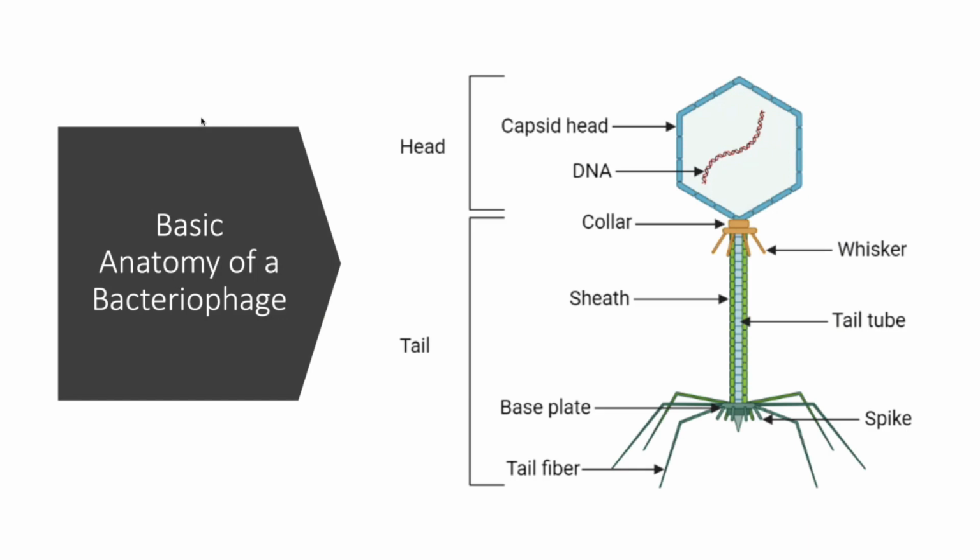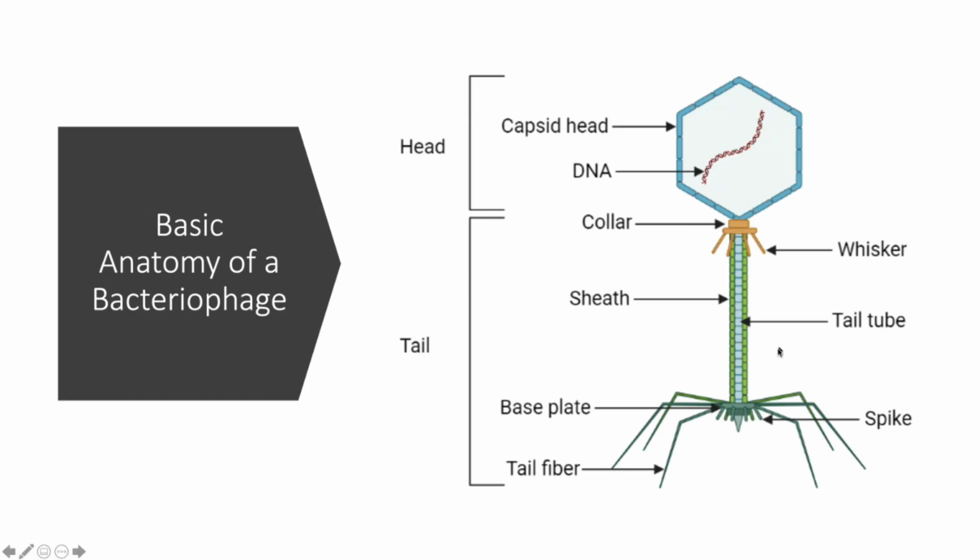So that's a quick recap of that first talk. It's another reminder. This is the basic anatomy of a bacteriophage. Grossly, it can be divided into the head and the tail. And the head essentially consists of a nucleoprotein shell, which is called the capsid, which encapsulates the DNA or the genetic material.